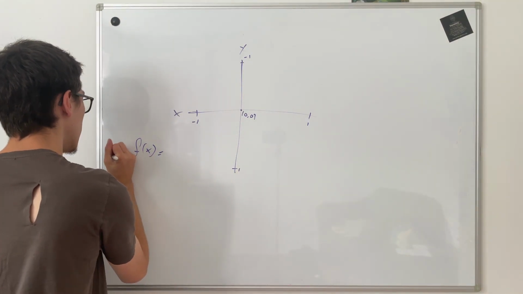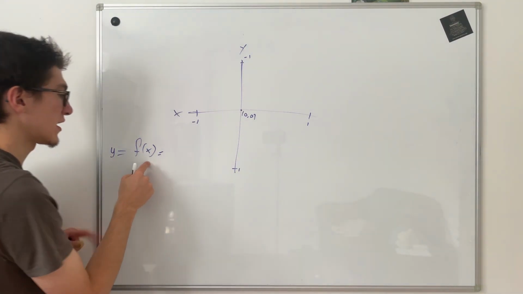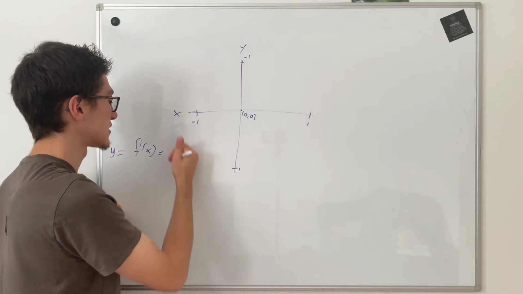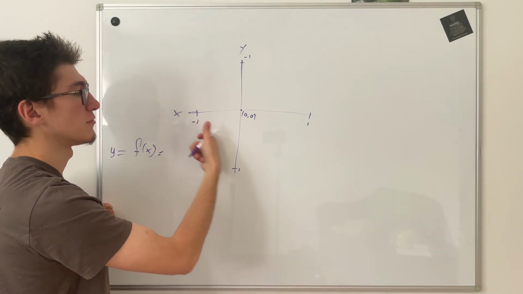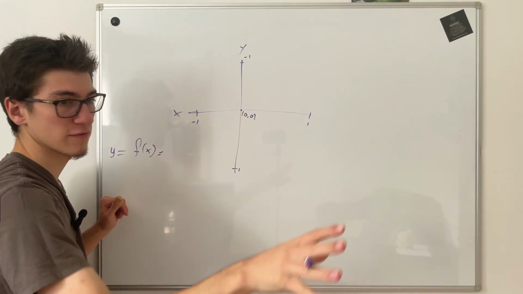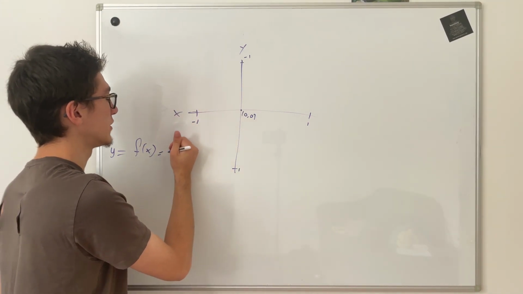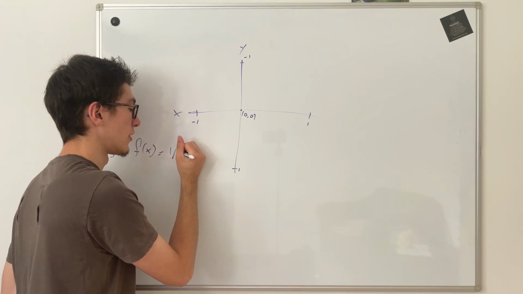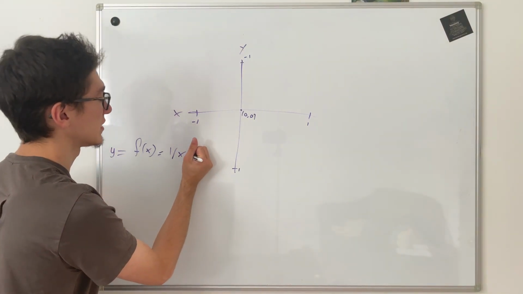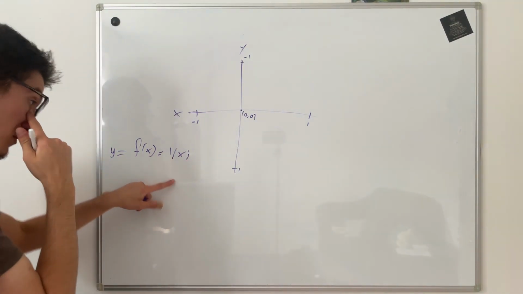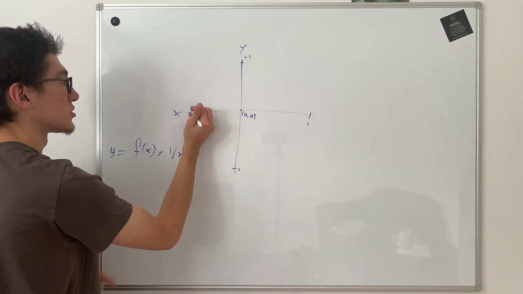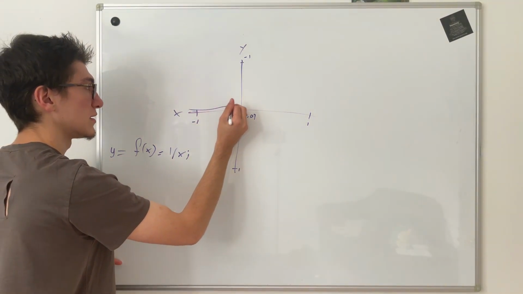So the function is basically taking x in per meter and returning the y value. So y equals the function of x, where x could be any value between -1 and 1 for the sake of our sketch. And what we do is 1 over x, right? So that's basically the reciprocal, which gives us a plot like this.